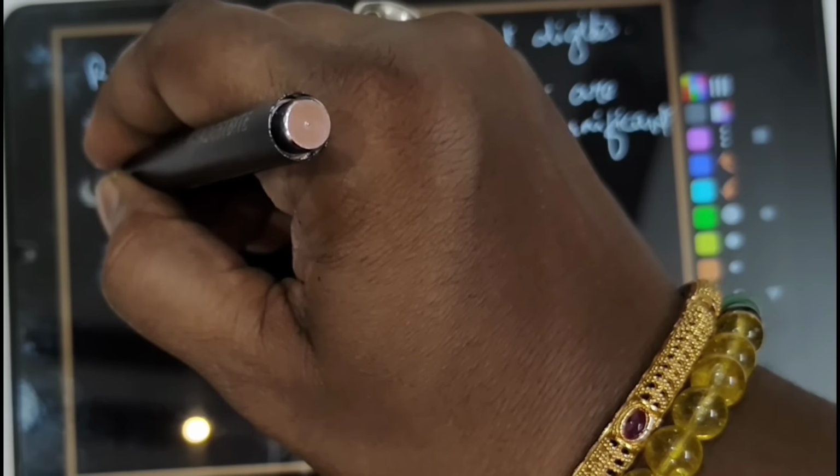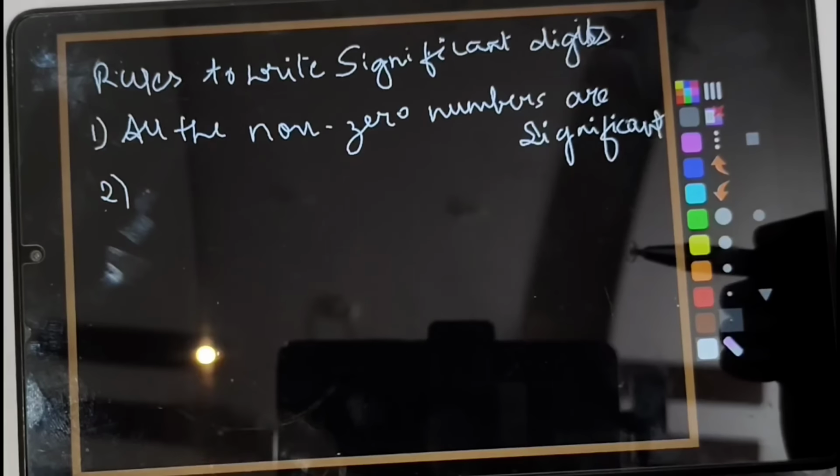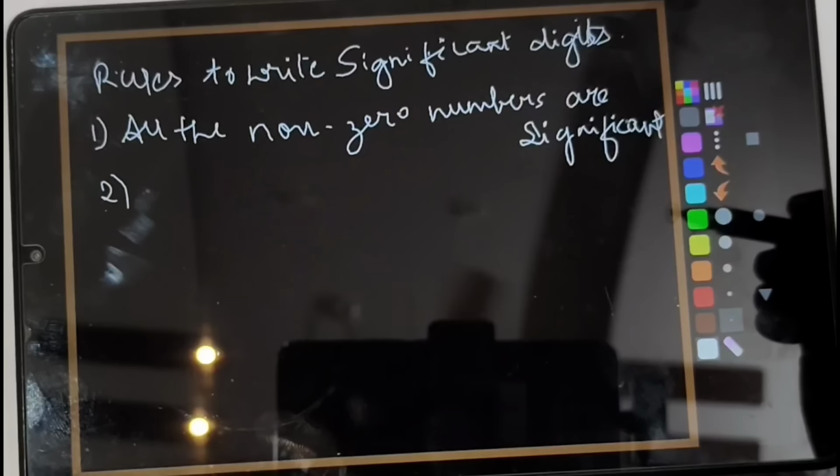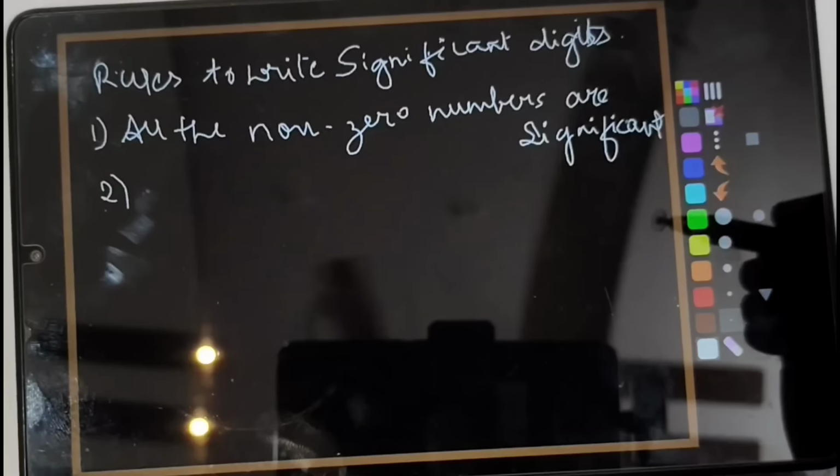The second one: all the zeros between two non-zero digits are significant, irrespective of the decimal point.